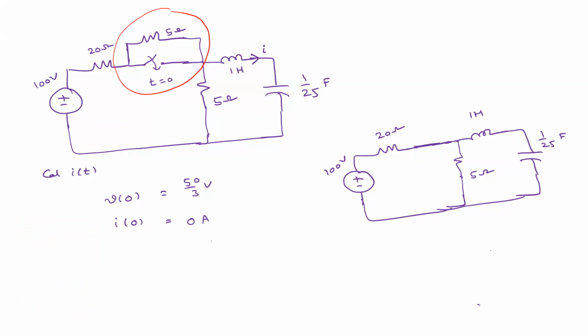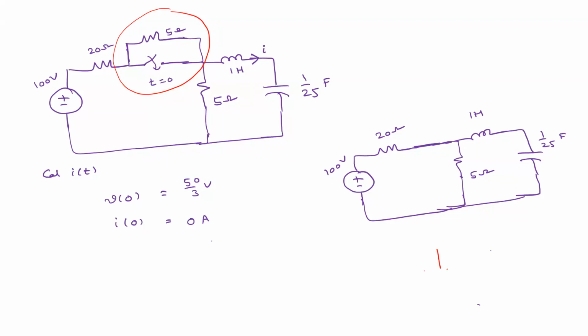Will it be a series RLC circuit or a parallel RLC circuit? That's the question. What kind of circuit is it? Or can we alter the circuit so that it will be a series or parallel RLC circuit? How to alter this circuit?